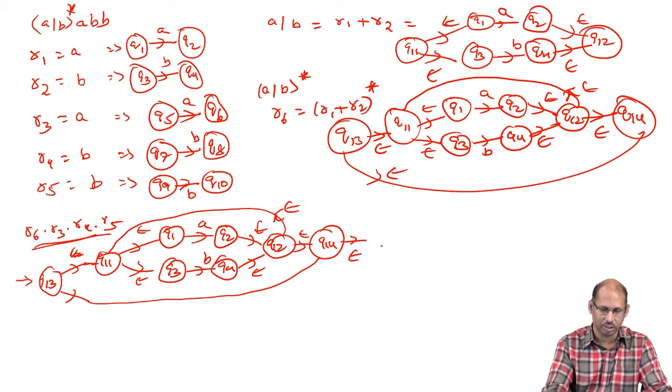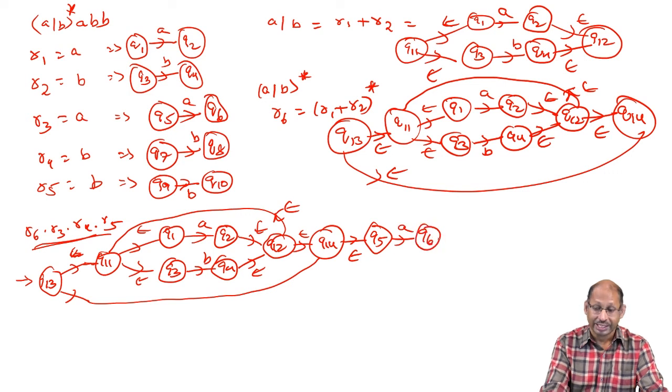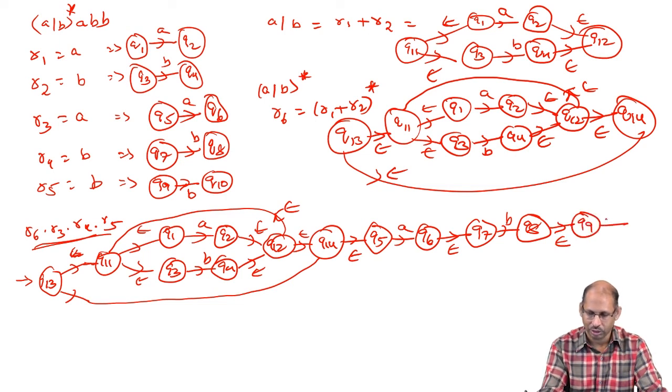Concatenation means epsilon with R3. So Q5 on A goes to Q6. Concatenation, so epsilon, Q7 on B goes to Q8. Concatenation means on epsilon going to Q9, on B going to Q10.